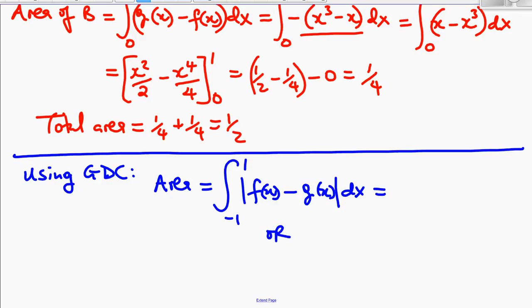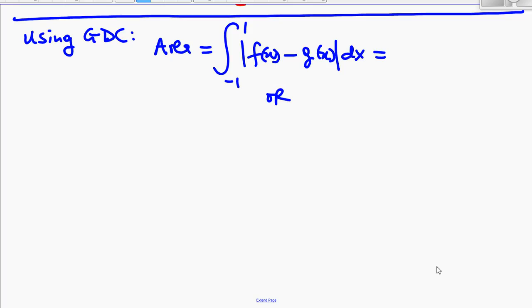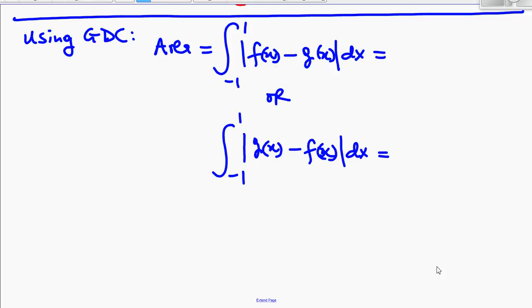Or alternatively, you can do the integral from -1 to 1 of the absolute value of g of x minus f of x dx. What I'm saying here is the order doesn't matter which function comes first, and we should be able to get the same answer.